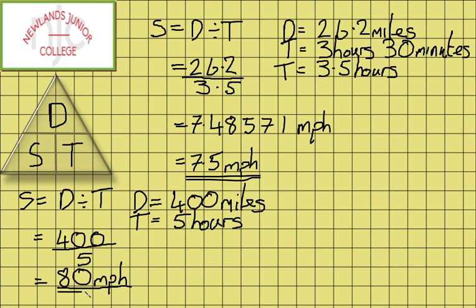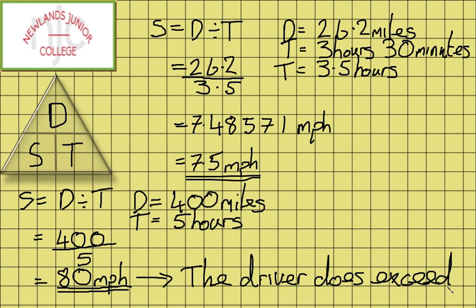Now, normally that would be the end of your question, but because our question asks, does the driver exceed the speed limit, you have to make a wee note to say that yes, the driver does exceed the speed limit.